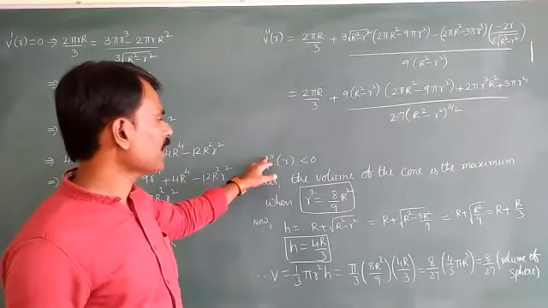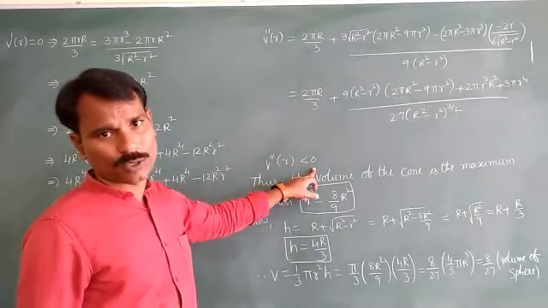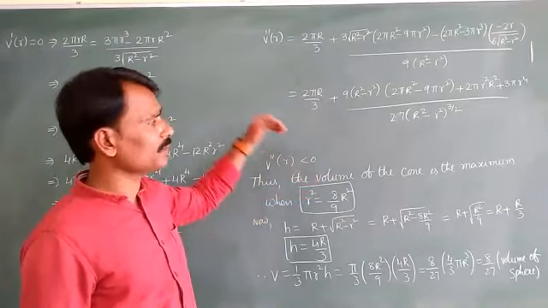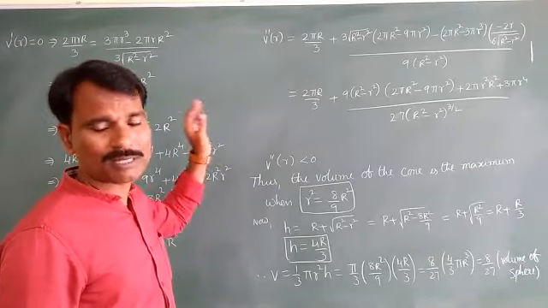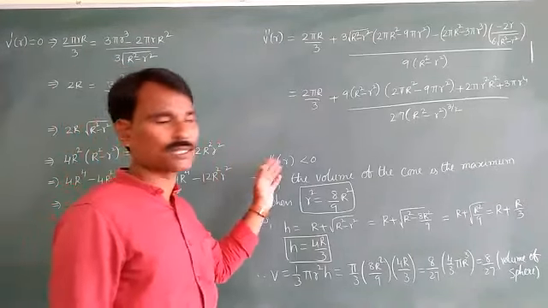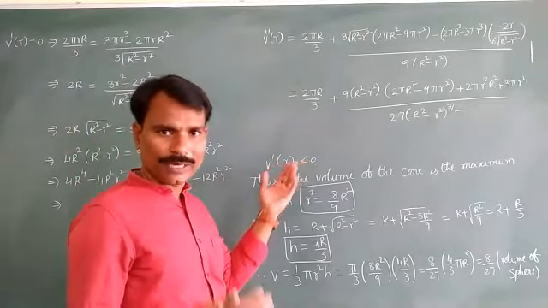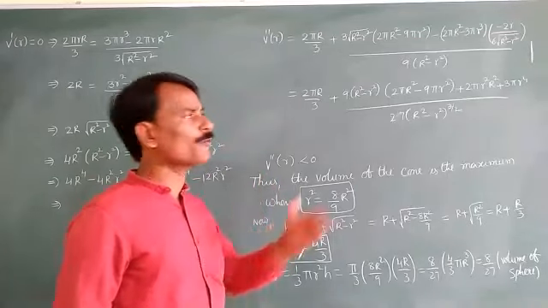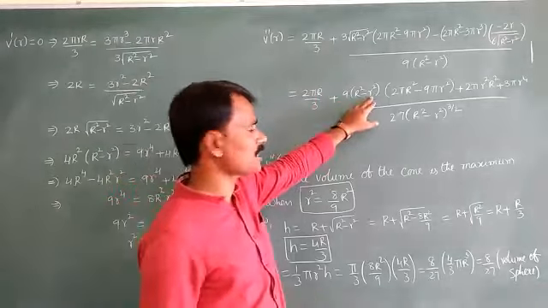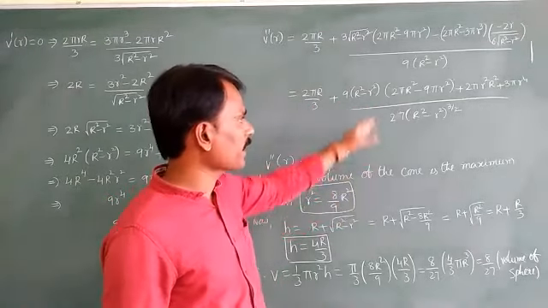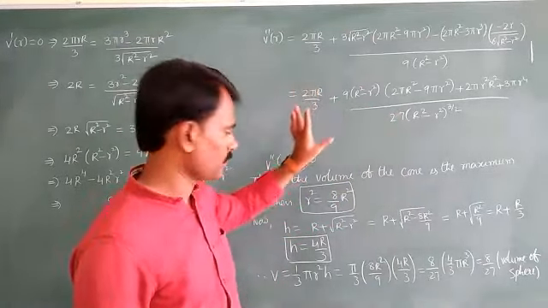Directly you can write V double dash of r is less than 0, because he already said it is the largest cone. That means maximum, and for a maximum the double derivative is less than 0. By that you can use it. If you have a lot of patience, go for it. Simplify this part. Okay guys, just keep in the place of small r square 8 capital R square by 9 and simplify, you will get the answer.